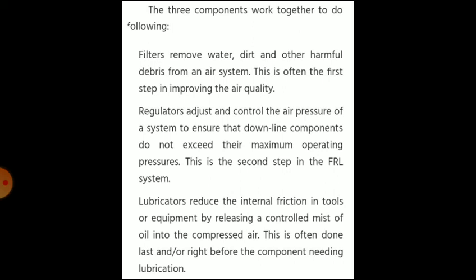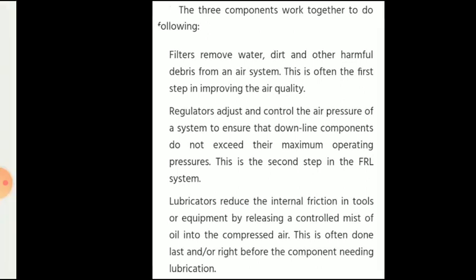So this is the second step in the FRL system. And third, lubricators reduce the internal friction in tools or equipment by releasing a controlled mist of oil into the compressed air. This is often done last, right before the components needing lubrication.